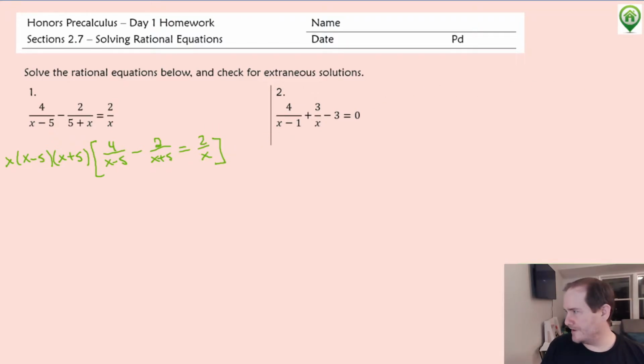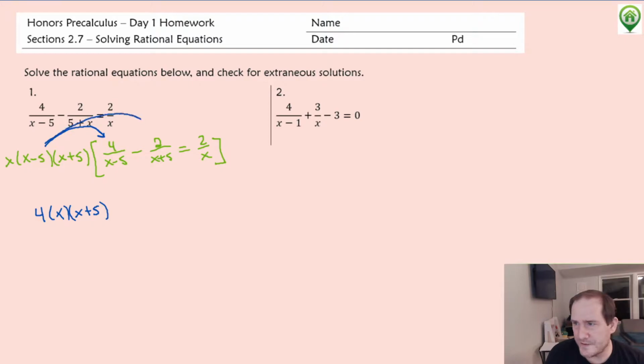So again, when you distribute, the denominator will cancel at least one of the factors of your LCD, and then you'll just end up with the numerator multiplied by whichever factors did not cancel. So we see when we first multiply, it's the x minus 5's that cancel, so we'll end up with a 4 times the x times the x plus 5.